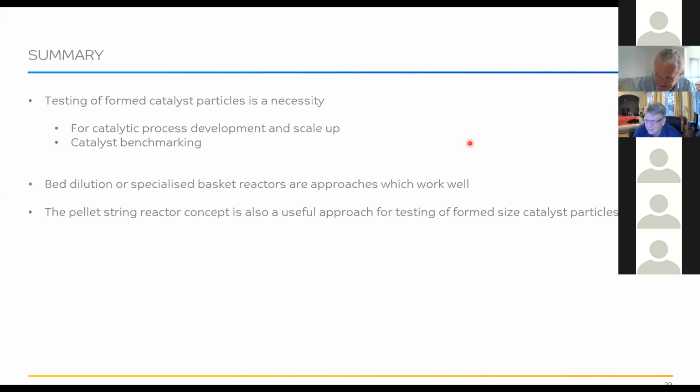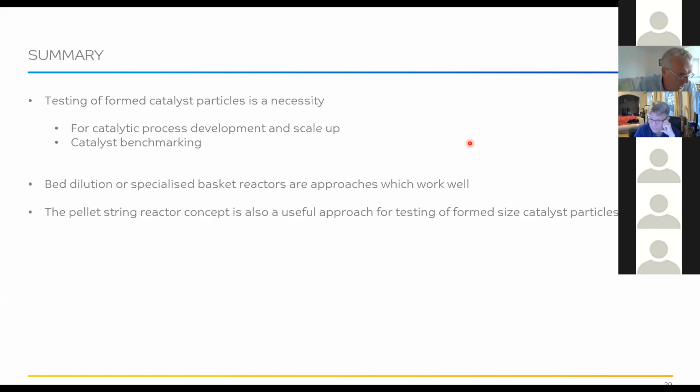As Clarence said, he wants to clarify that it was external mass transfer, not internal mass transfer. Yeah, so the one advantage of the pellet string reactor is that, because of the way it's set up, you tend to have much higher linear velocities relative to the catalyst. So you tend not to have external mass transfer limitations. It tends to be internal that dominates.